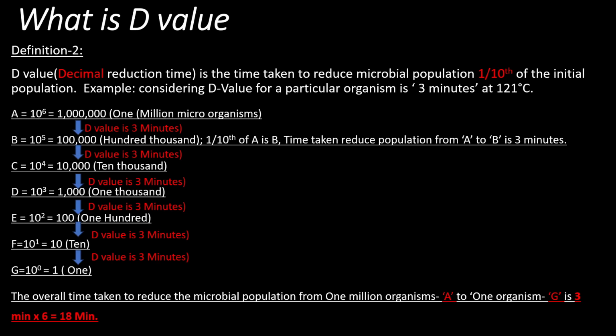So let's say the initial population A is 10 to the power of 6, or 1 million organisms, and B is 10 to the power of 5, which is 1/10 of A. As you can see, for A there is a 1 million population, and there are 6 zeros in 1 million, and in B there are 5 zeros.